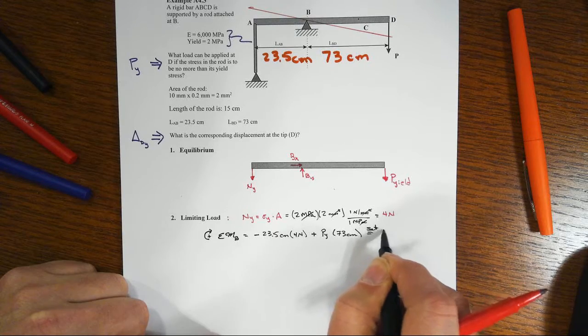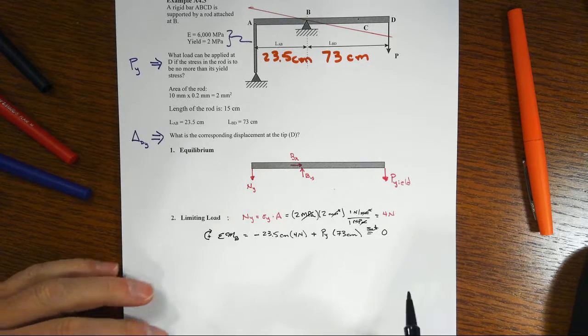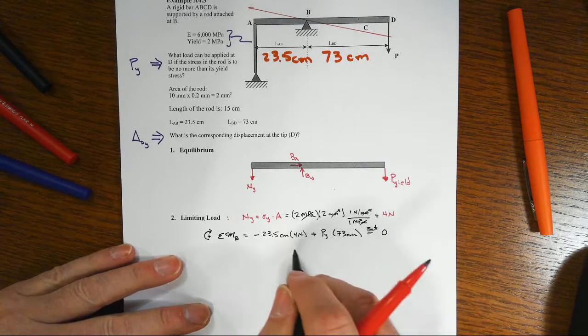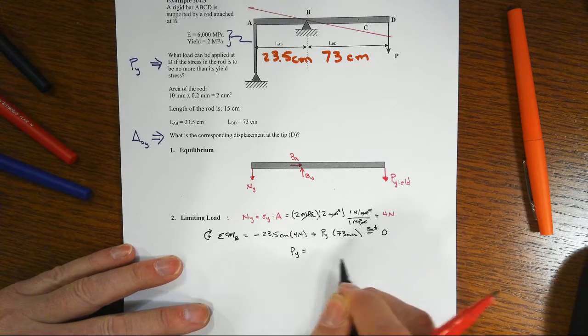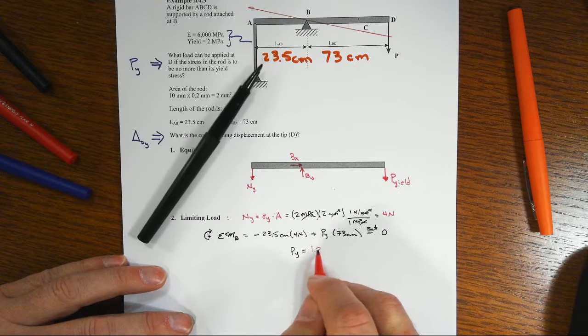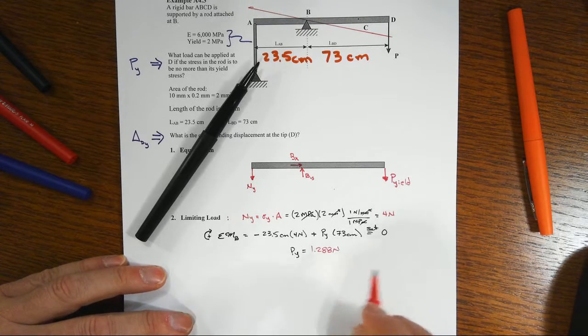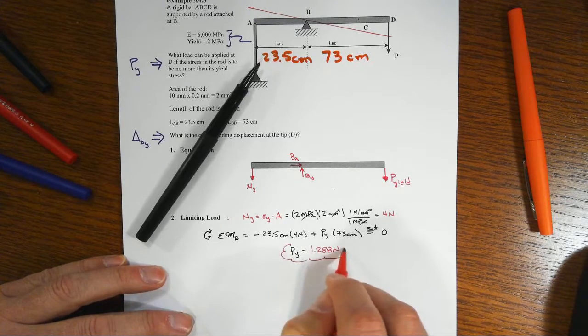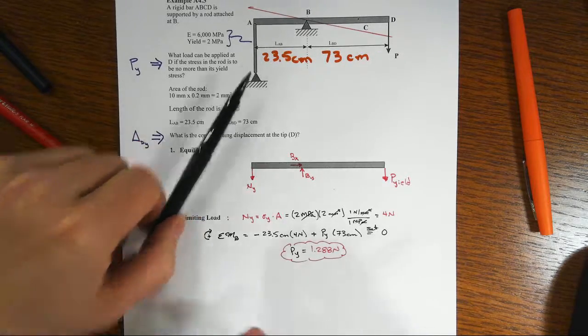Set that equal to 0 because we are at equilibrium, and we will then find that our P sub Y works out to 1.288 newtons. That's our limiting force.